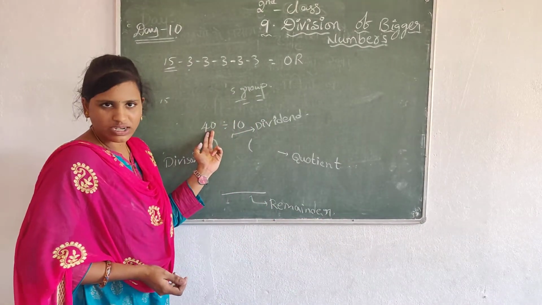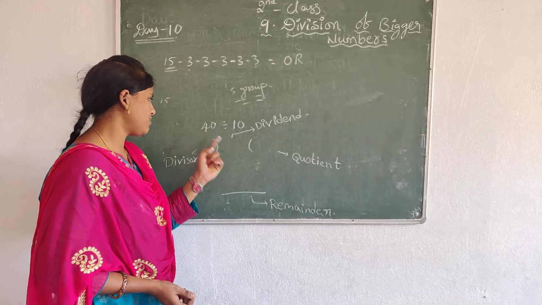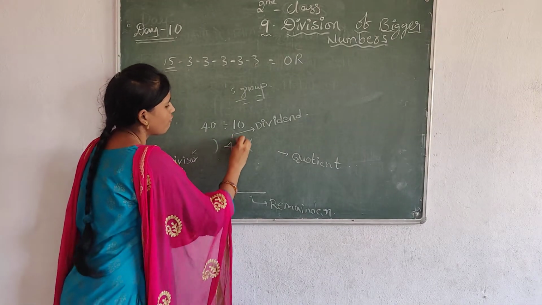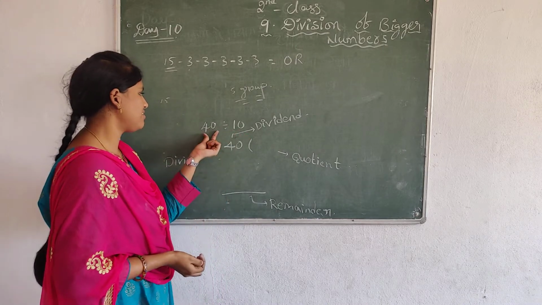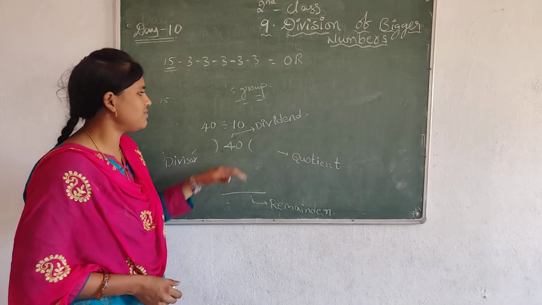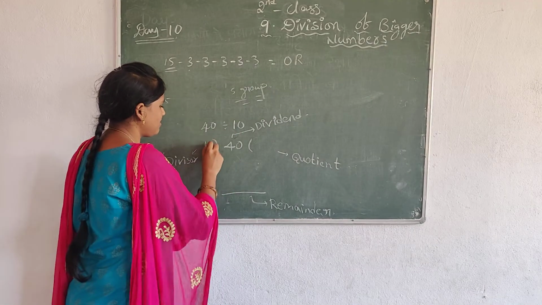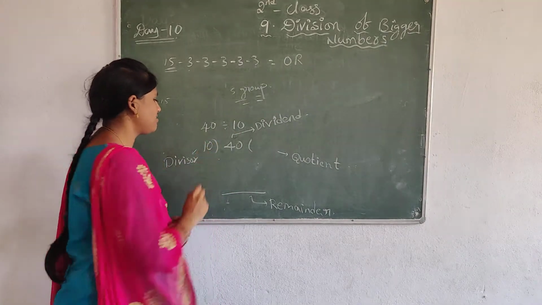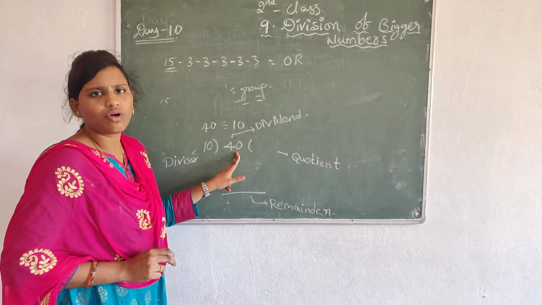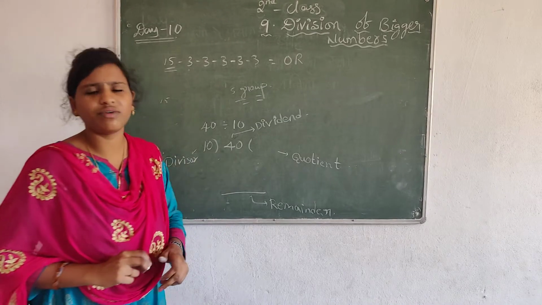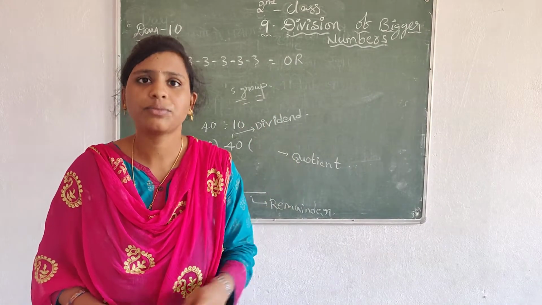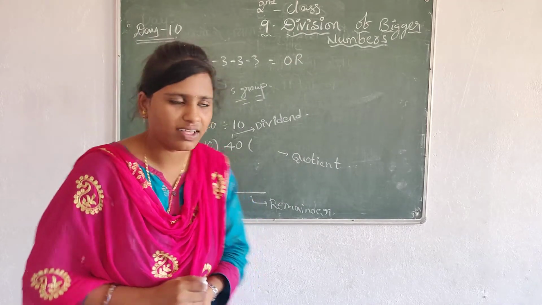Let's take this 40 in the dividend place. 40 is divided by 10. 10 is the divisor. Let's take the 10 and divide into 40. How many times does 10 divide 40? 10 fours are 40.